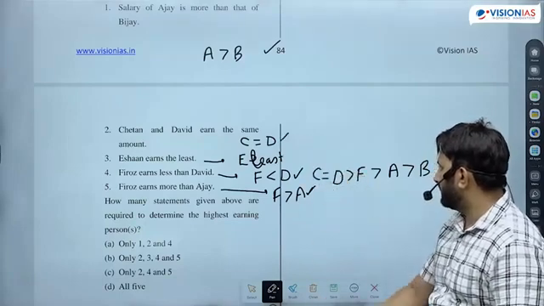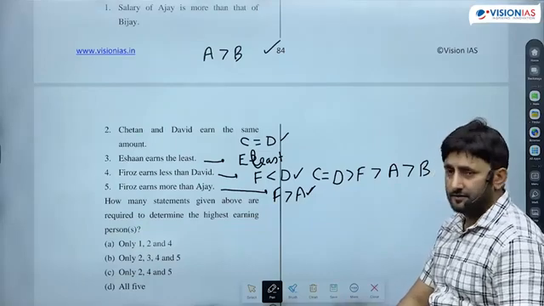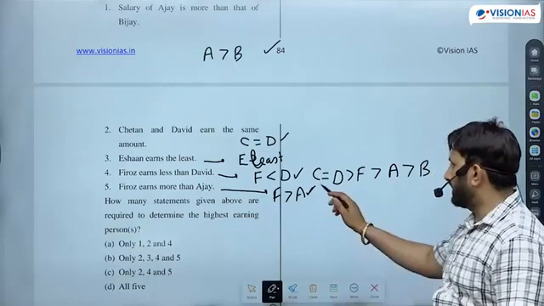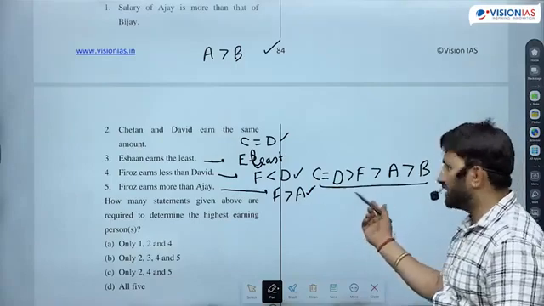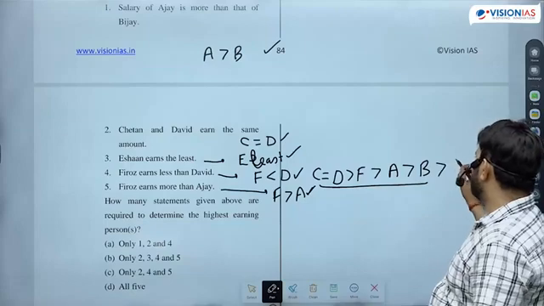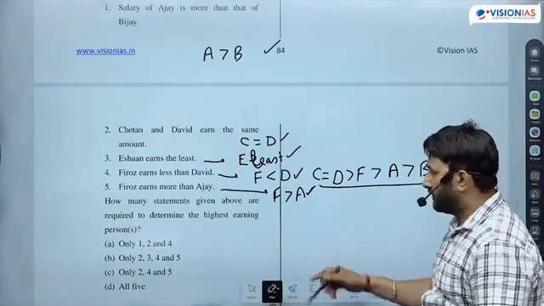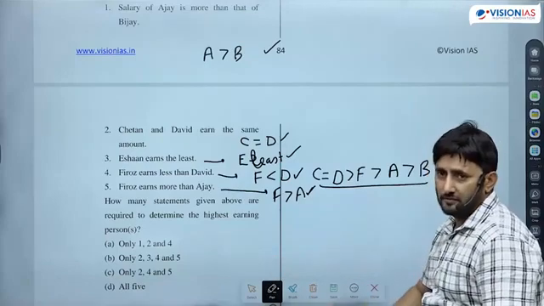C and D got equal. So who got the highest? We cannot determine because as of now we don't have the information regarding E. So we have to use this also. E got the least. So to find the answer to this question, we have to use all the 5 statements.